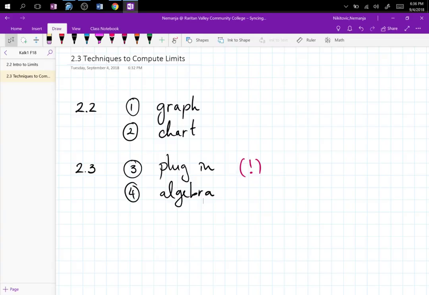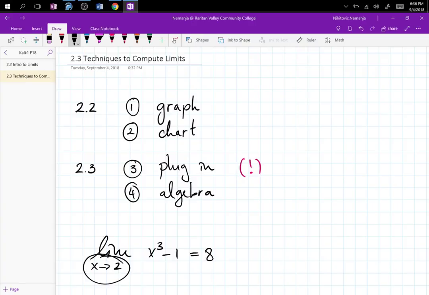So, we talked about the limit of x cubed minus 1 as x goes to 2. And we discovered that the answer was 8 by doing the chart. We also did the pre-calculus version of this problem where we computed at 2, and we got 8. So that means that in certain cases, in certain problems, we can just take this and plug in and get the answer.